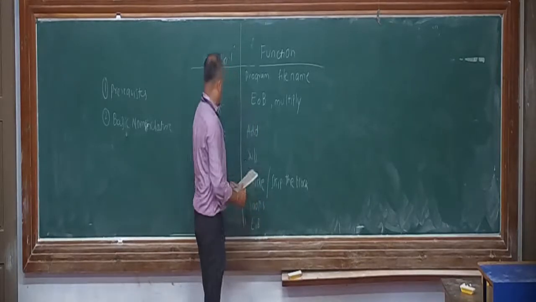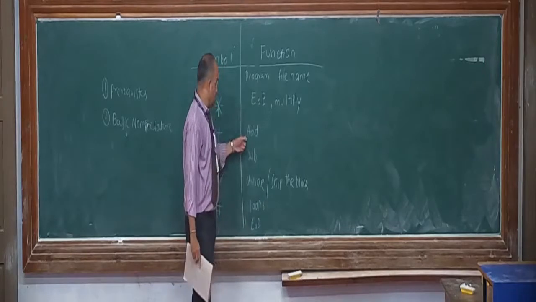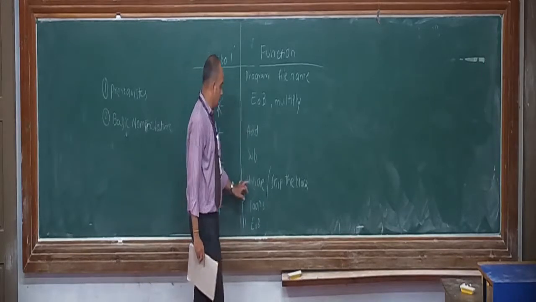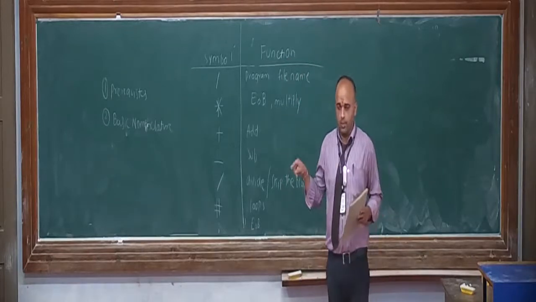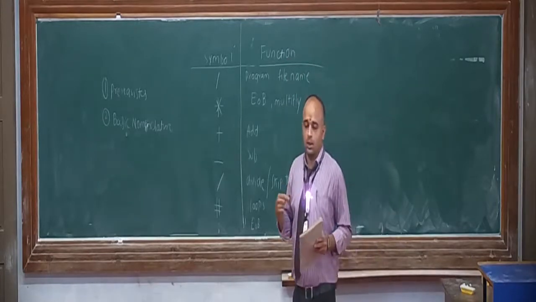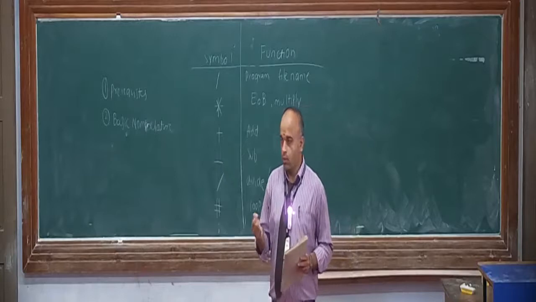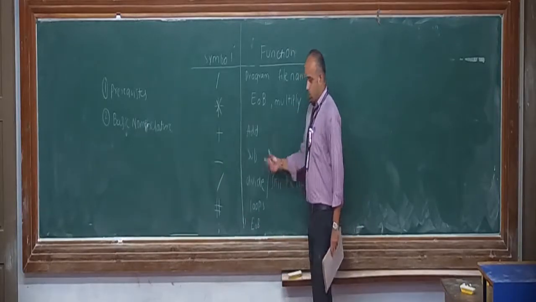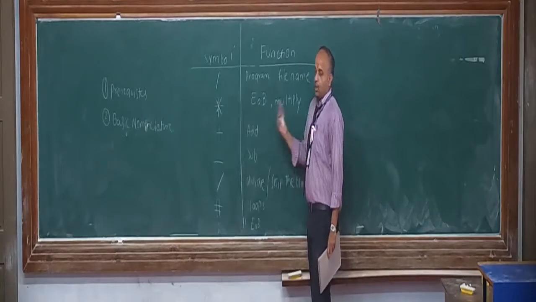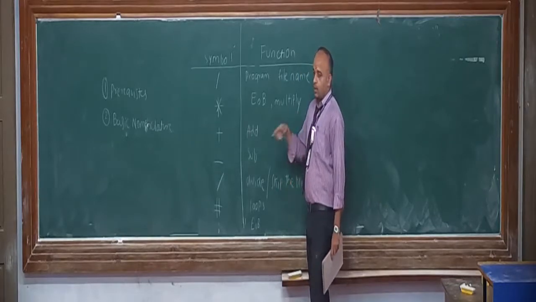Now addition, subtraction and division do not need explanation. But what does skip the block mean? Sometimes during the program, we do not want one line to be executed. So if I put the skip notation on that line, it gets skipped and goes to the next line, so that line does not execute.